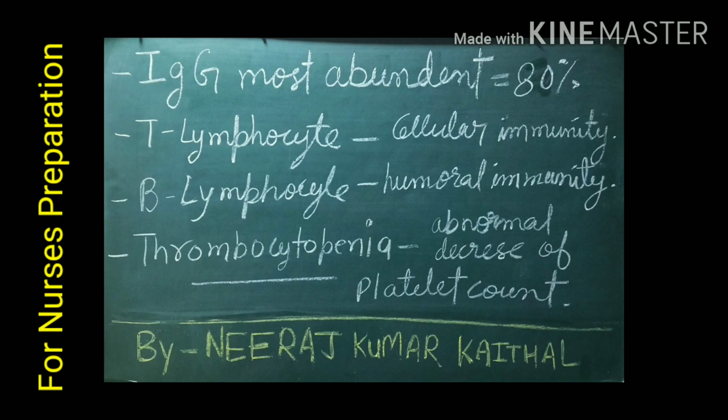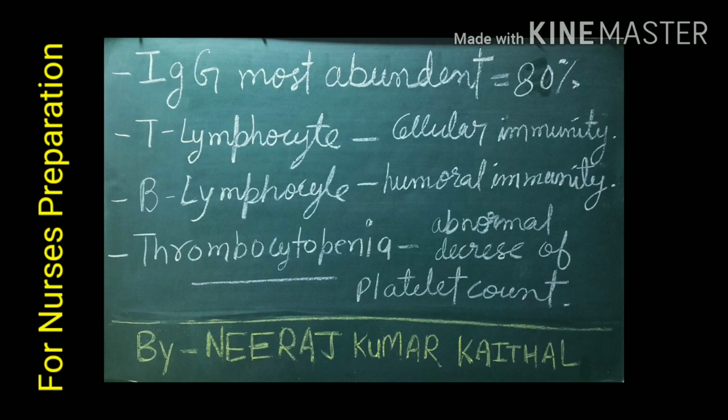Of all of them, IgG is the most abundant type of immunoglobulin. It makes 80% of the total immunoglobulin. T lymphocyte produces cellular immunity and B lymphocyte is responsible for humoral immunity.